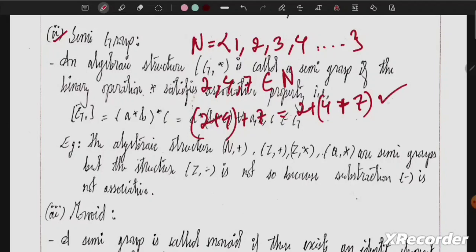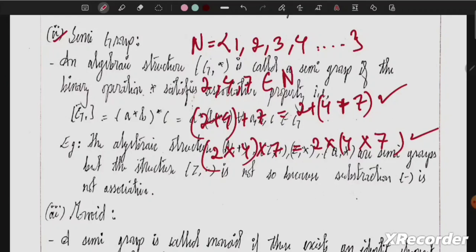In this case, both the left hand side and right hand side are equal, so it satisfies the associative property. Now let us see for the multiplication operation. (2 into 4) into 7 equals 2 into (4 into 7). Even in this case, it satisfies the associative property.